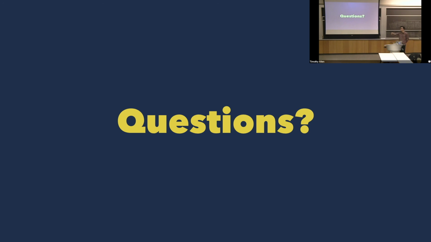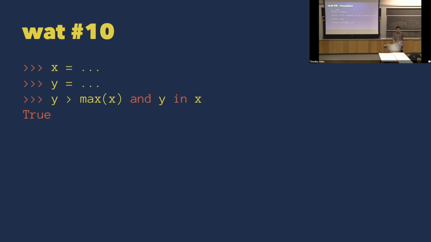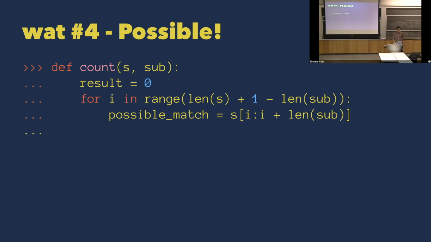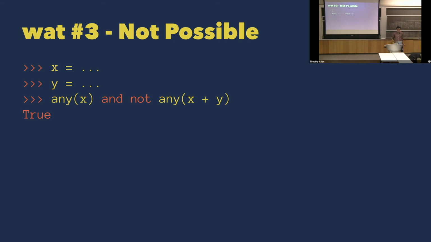Was there another question over here? Yeah. Can we go back to number 3? Sure. You're gonna tell me that not a number works for it? No. I'm sure I'm wrong, but suppose X is an empty list, so any of X would be true, and suppose Y was a list with a 0.